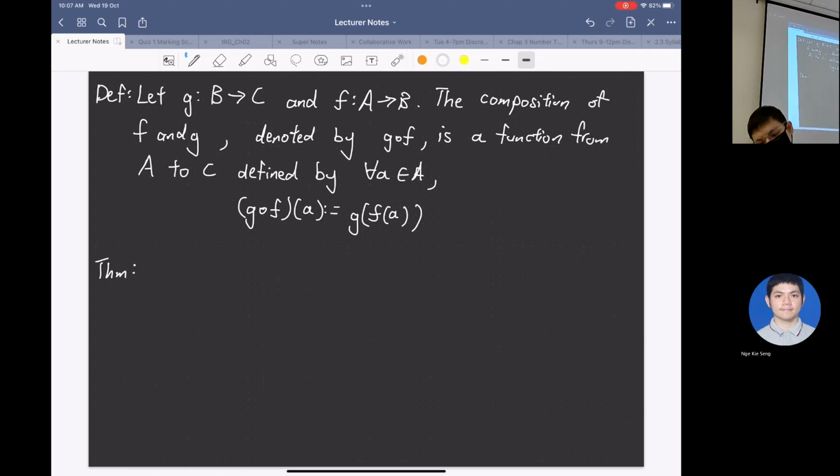One way to check whether you found the right inverse or not is through this theorem here.